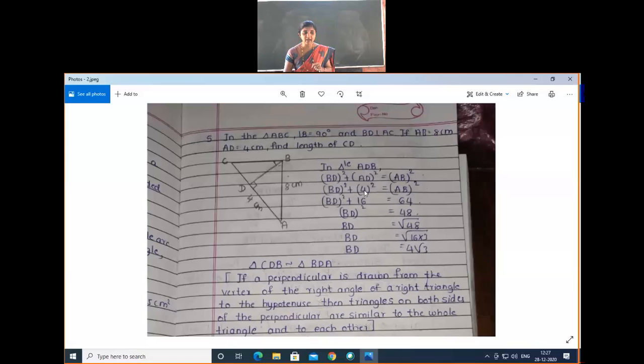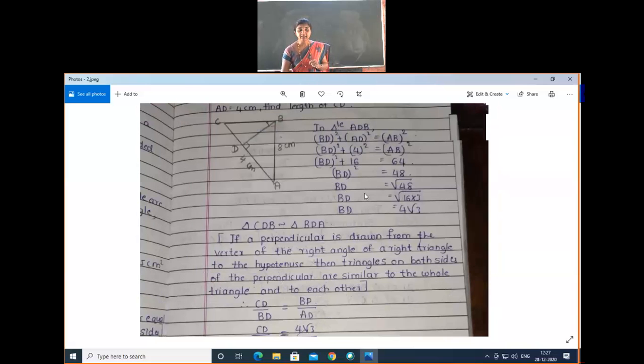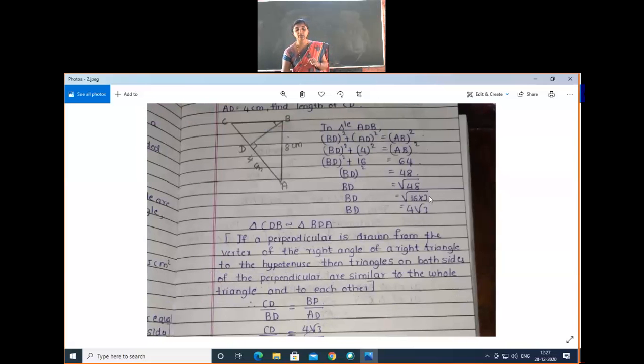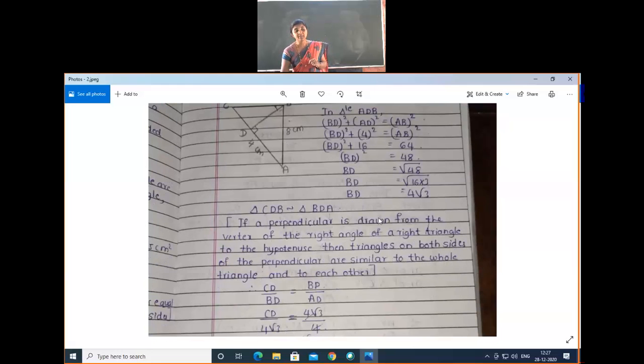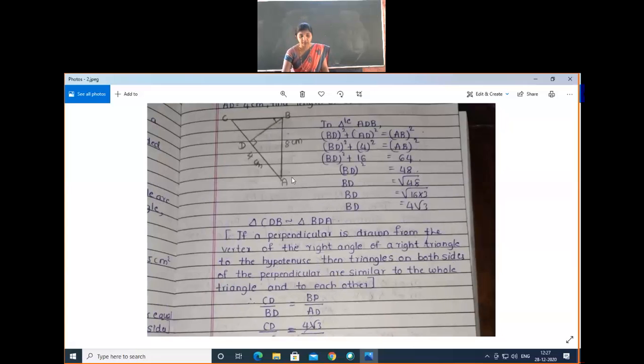BD square plus 4 square is equal to 8 square. BD square plus 16 is equal to 64. Then BD square is 64 minus 16, that is 48. BD is root 48, which you can split as 16 into 3. 16 comes outside as 4, so BD measurement is 4 root 3.